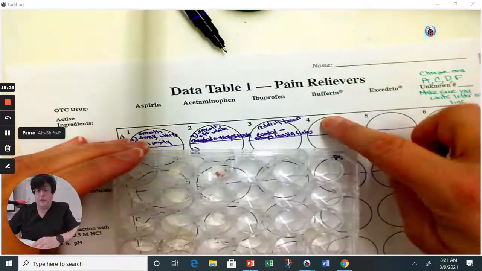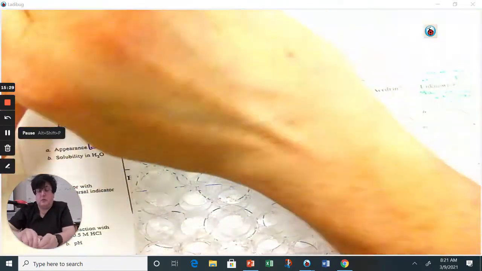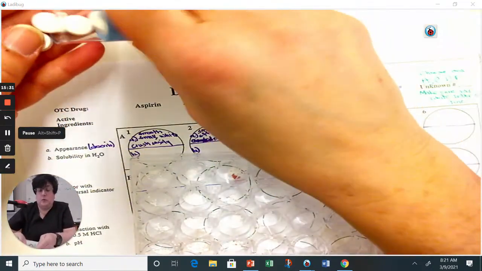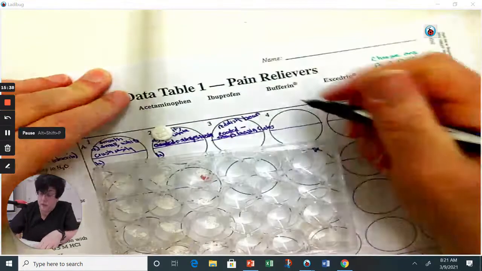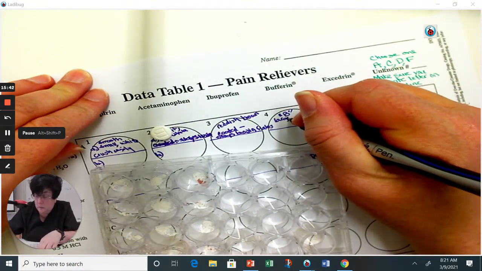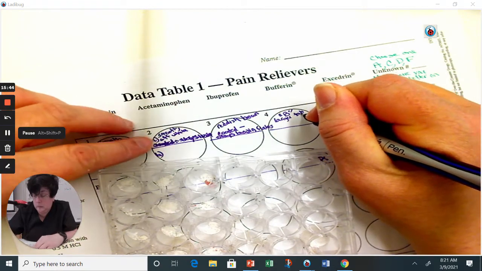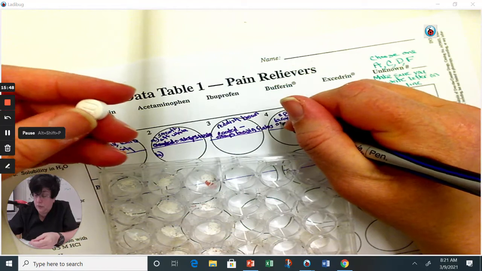Okay, we have bufferin. Bufferin's a bigger tablet, has a big B on it. All right, so this has a big B, larger tablet. It's smooth.